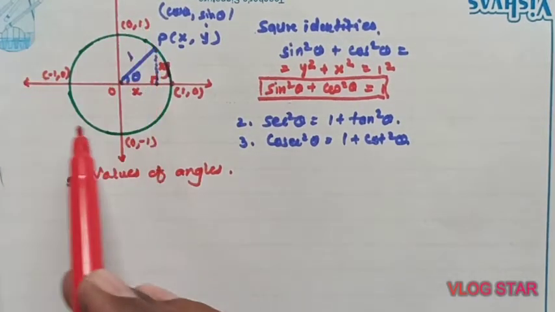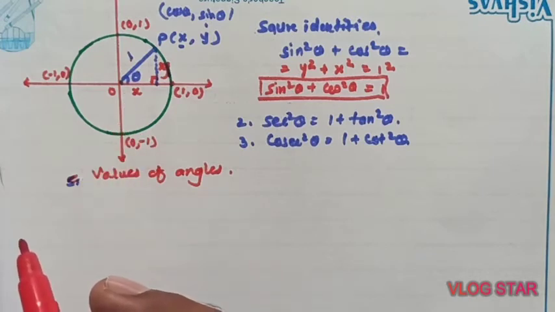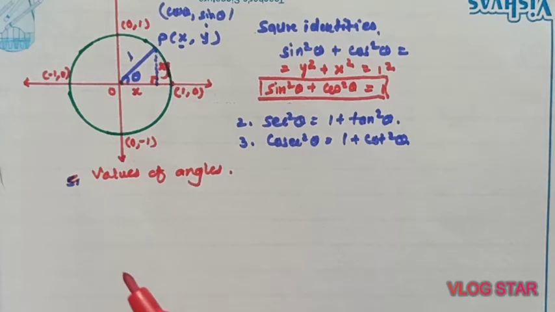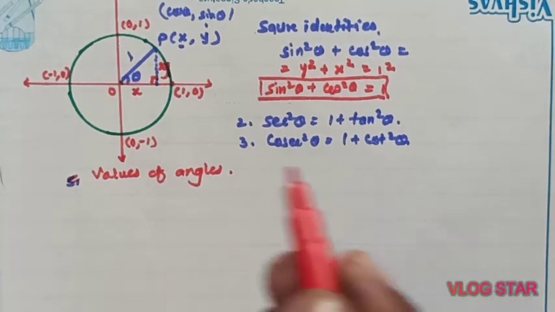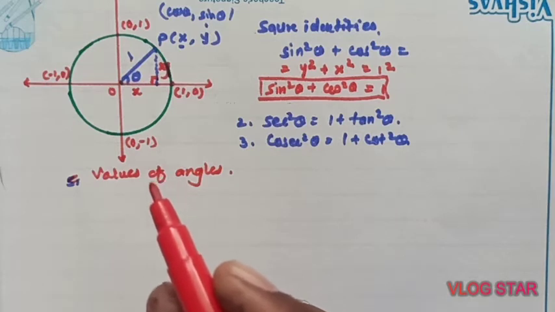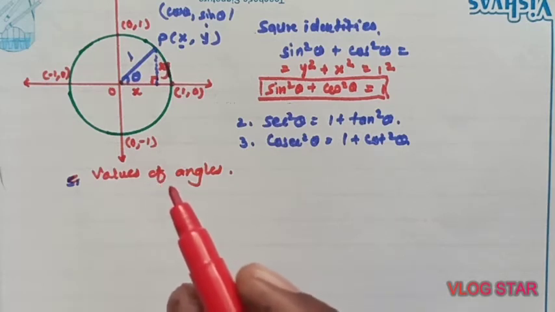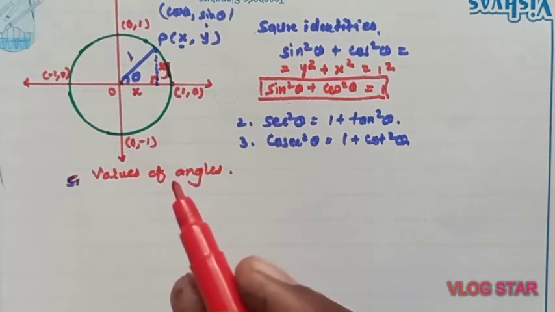Using the same standard circle, we can determine the values of certain angles, some standard angles as well as quadrantal angles. Standard angles are those which are 30, 45, 60 and 90, whose values we have already learned.